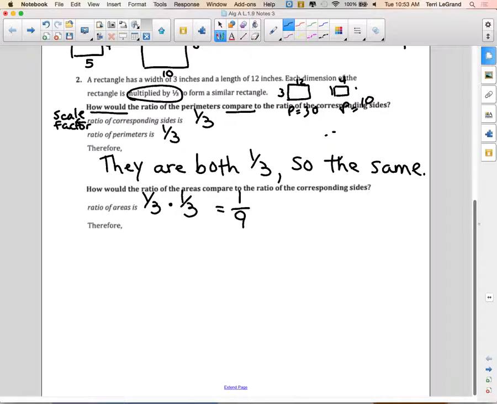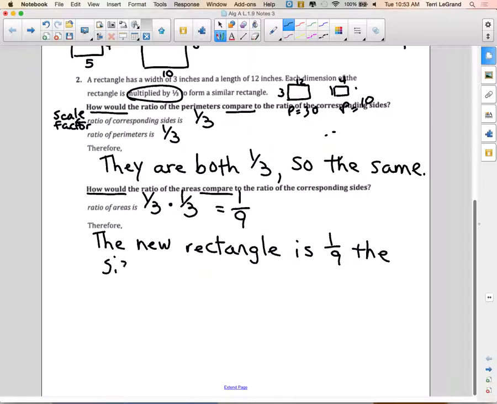It got a lot smaller, didn't it? So we would say, they said we've got to compare. We're going to say the new rectangle is 1/9 the size of the original rectangle.